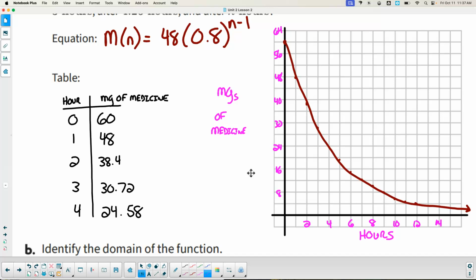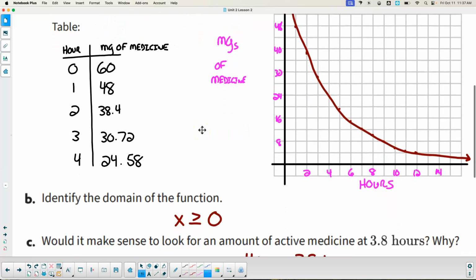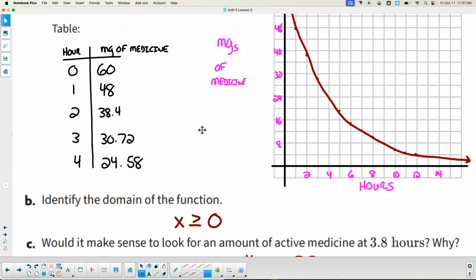This one is wearing off slowly over time at an average rate of 20% decrease per hour, which changes the domain of our function. The domain of our function now is all numbers greater than or equal to 0. Okay? So because it's greater than or equal to 0 now, we can have decimal points.